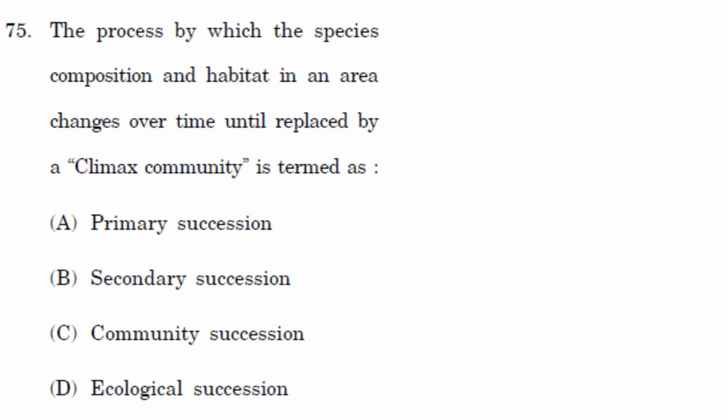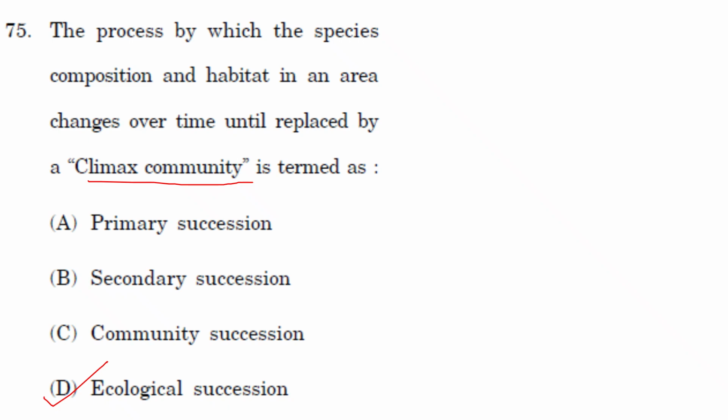Then the process by which species composition and habitat in an area changes over time until replaced by a climax community, that is called ecological succession. In ecological succession, there are two types. One is primary succession and the other is secondary succession. So primary succession occurs in a brand new barren land which doesn't have any soil.